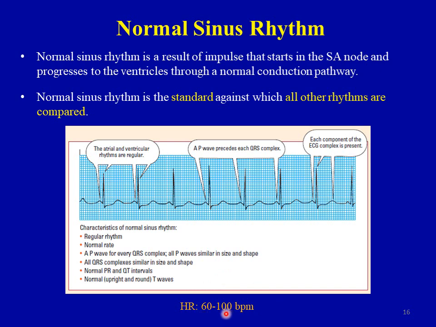We have some types of arrhythmia where all the features are there except the rate is less than 60 or more than 100, and there we'll have the sinus bradycardia and sinus tachycardia respectively.